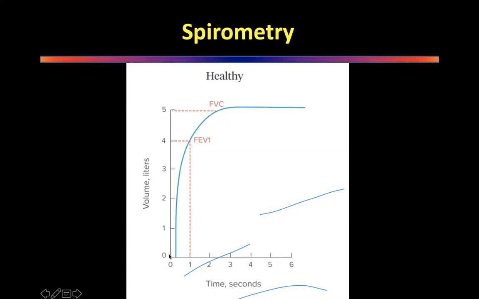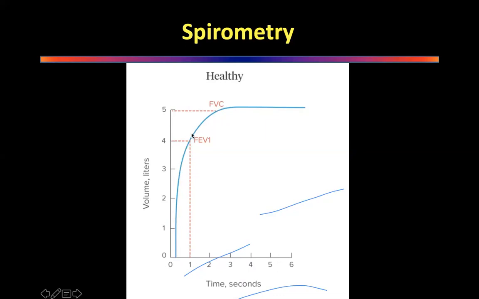And then your spirometry is when a person blows into the machine, and this is a rapid rise of the curve, and then whatever stops at the first second, whatever corresponds with the 1 on the x-axis is your FEV1.